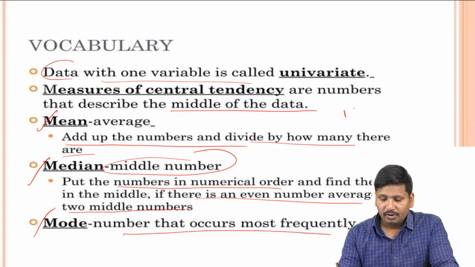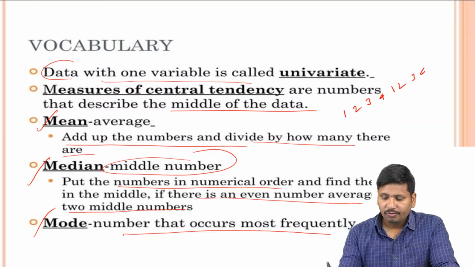Suppose I have a list of numbers like 1, 2, 3, 4, 1, 2, 3, 4. How can I calculate the mean? The sum of all these numbers, 1 plus 2, 3, 6, 10, 20, divided by 8.